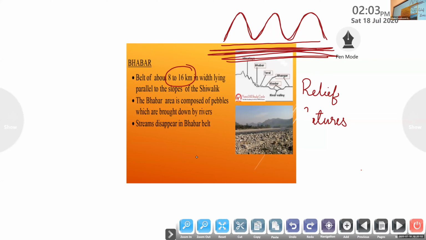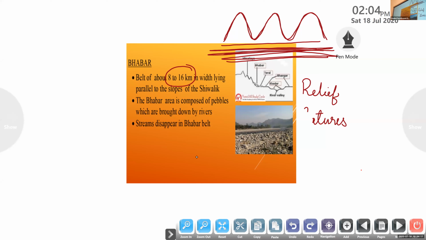Then second, the Babar area is composed of pebbles which are brought down by the rivers. We know how plains are formed. When rivers flow down the slopes of mountains, they erode them and carry some materials from the mountains, stones and pebbles, and deposit them in the plain areas. Like that, here we have pebbles.